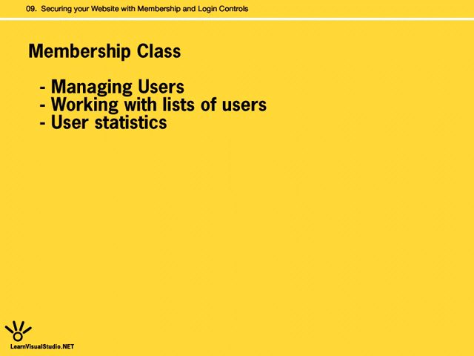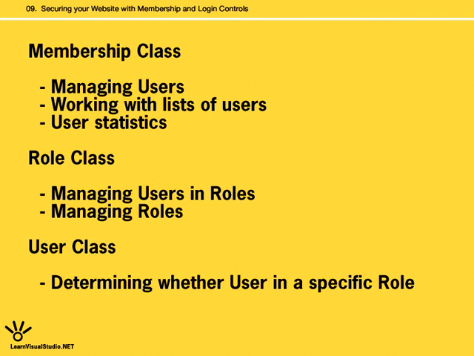It's pretty impressive. Now next up, which we've already seen a little bit, is the role class, which we used back in our example to ensure that a user was a member of a given role. However, it's also great if you want to programmatically add users to or remove users from certain roles, or you can also create roles on the fly and even more.